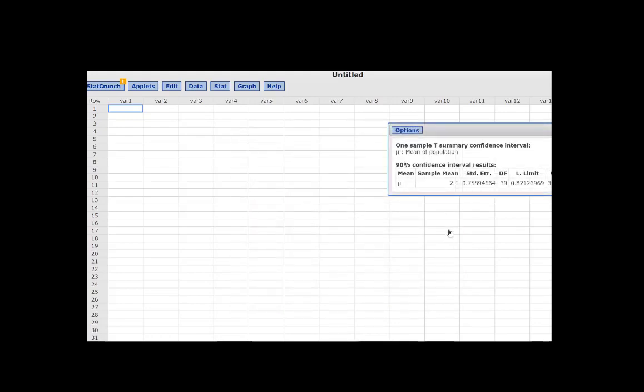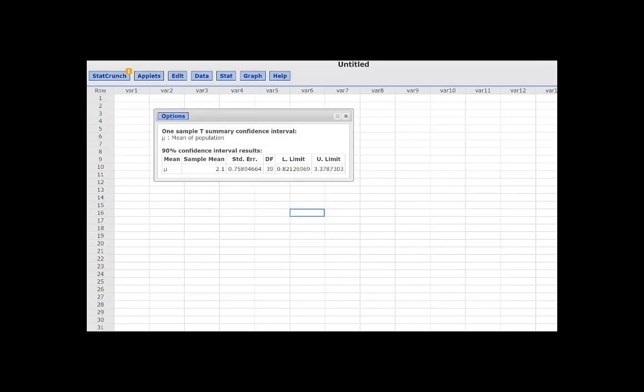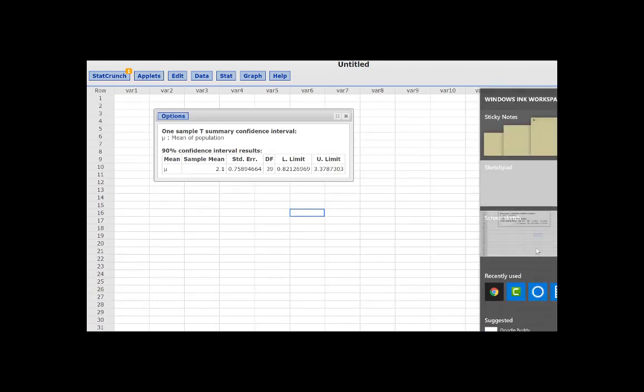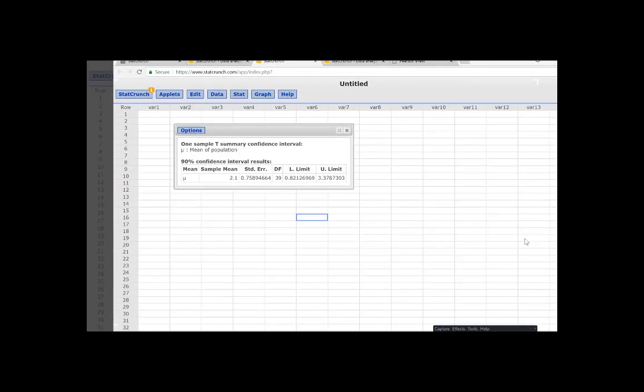And you'll see here is our upper and our lower limit. So we can write that as the mean is between 3.3.